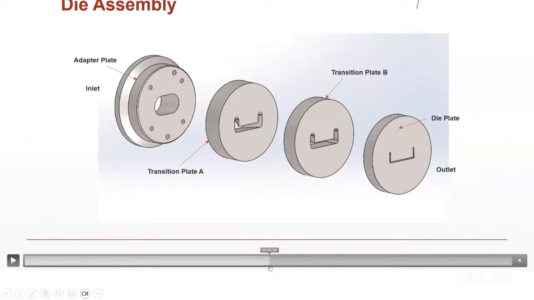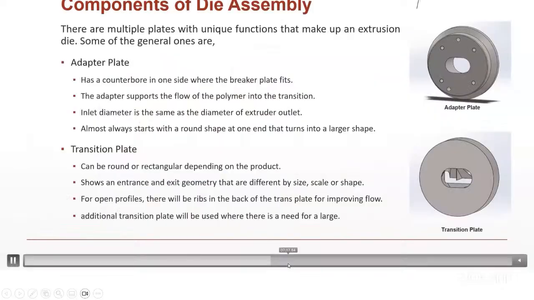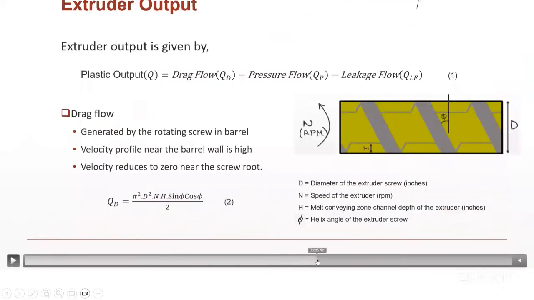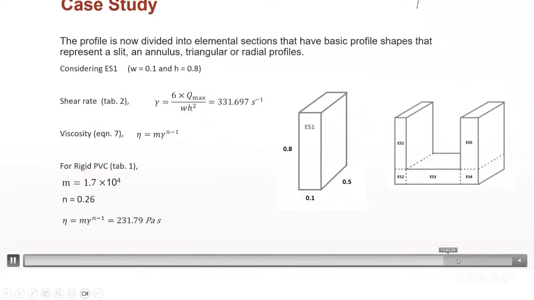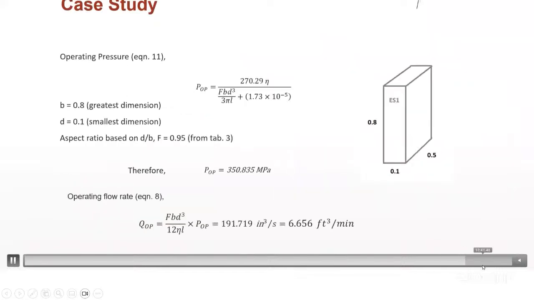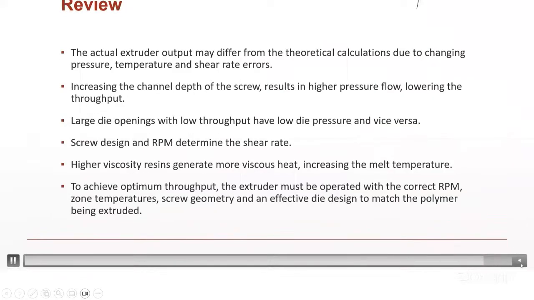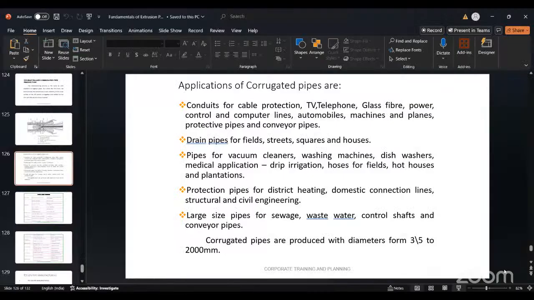Now, these are used for the different types of profiles, right? These are all the dimensions and many things that are there. The design part, friend, we are not going to cover because this is a very large part. It is not possible to reach there.